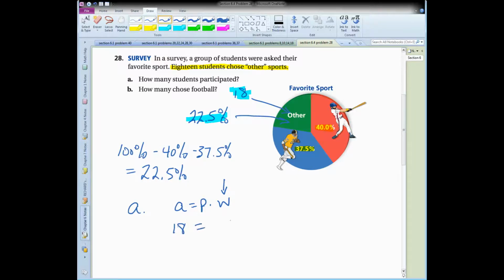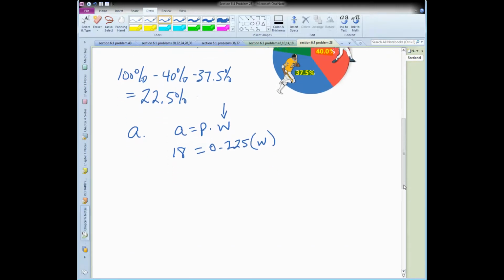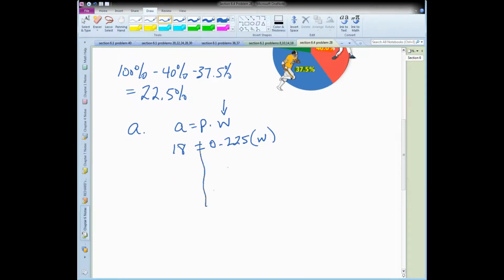That's 18 students, and that is 22.5%, so I have to write that as a decimal times W. Can I figure this out? Yes, you can. I divide this side by 0.225 using the division property of equality.